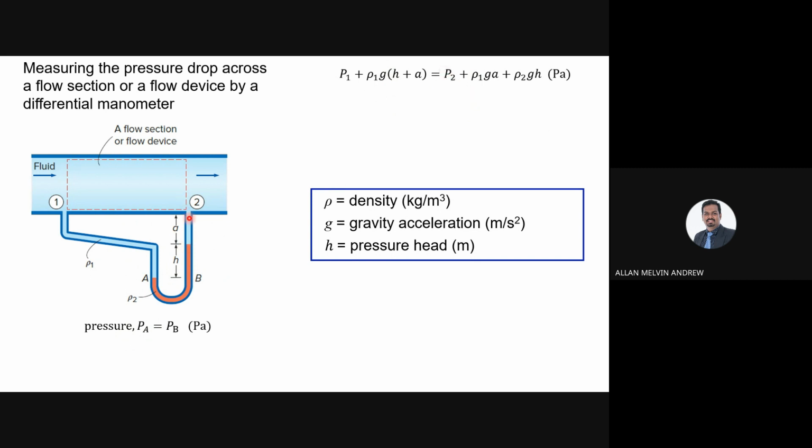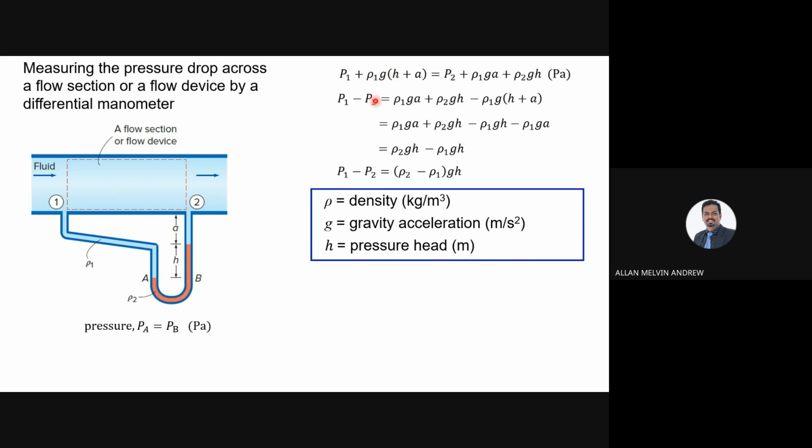So P2, the pressure at 2, plus rho 1 g A, because it is the same width here, plus rho 2, because this is the rho 2 density, so rho 2 g H. So you already know the two equations and some of the values.